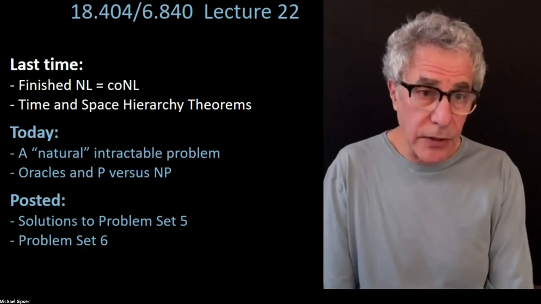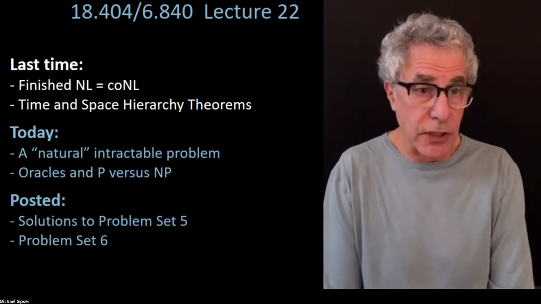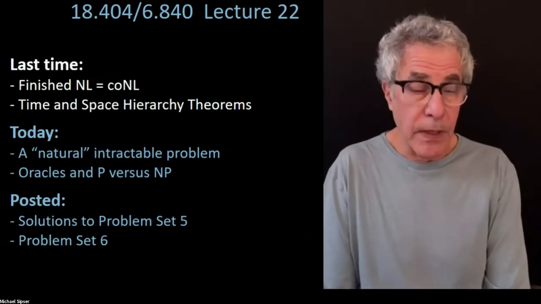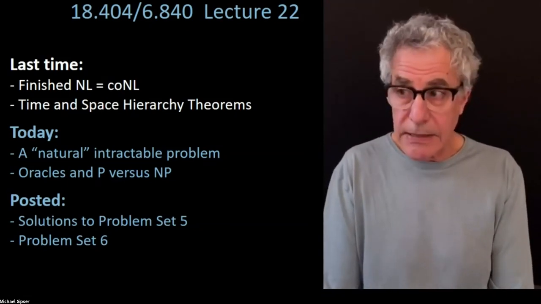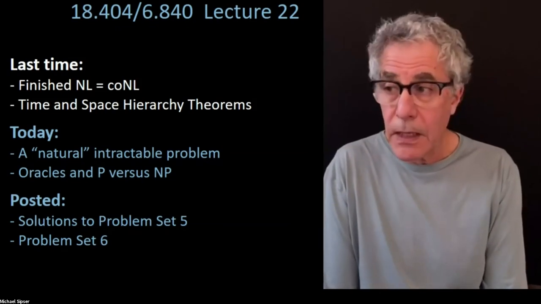So we proved that last time. It was a proof basically by diagonalization. I don't know if you recognized the diagonalization there, but when you're encoding a machine by an input, and then basically running all possible different machines, that's essentially a diagonalization.